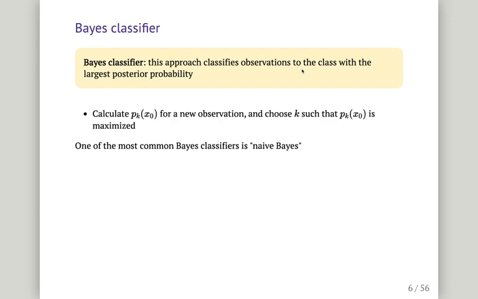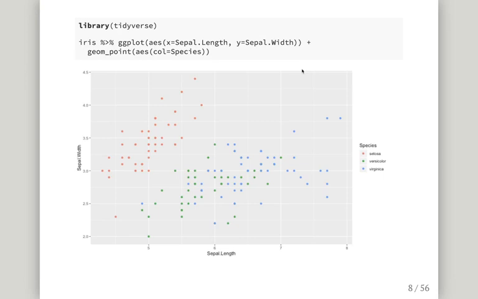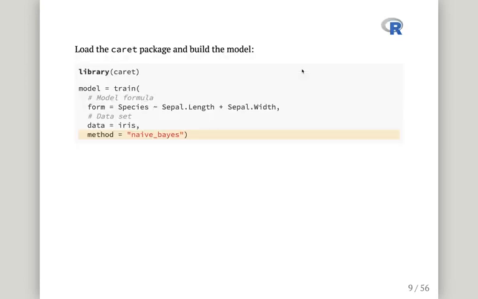Now this is a general Bayes classifier. There are lots of different versions of Bayes classifiers. The most common is naive Bayes. Naive Bayes is naive because of some assumptions that it makes and how it is calculating those prior probabilities. So we looked at an example on Tuesday with the Fisher data set.